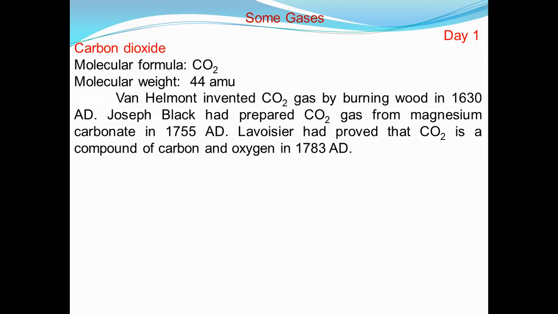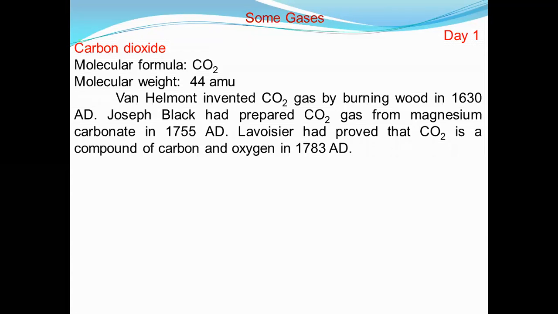It means something escaped from there, and that is the gas. He did that, so we can say he is the inventor of that gas. But later Joseph Black prepared that gas by heating magnesium carbonate in 1755 AD. He could not name it either, the same way as Van Helmont.